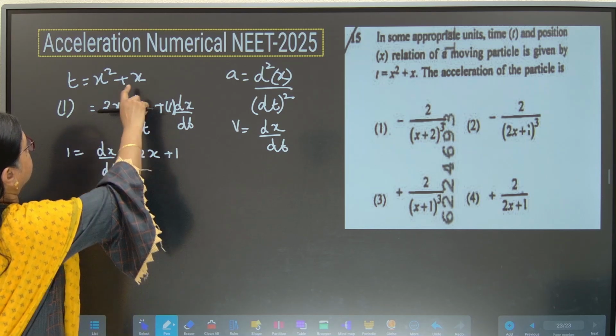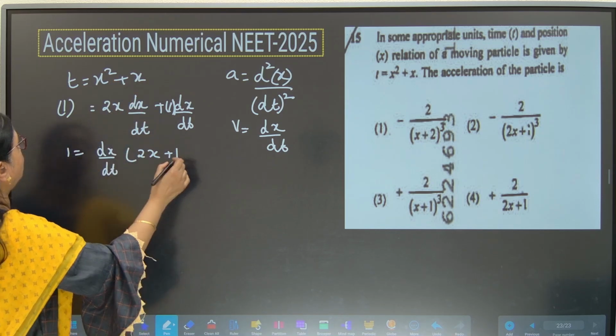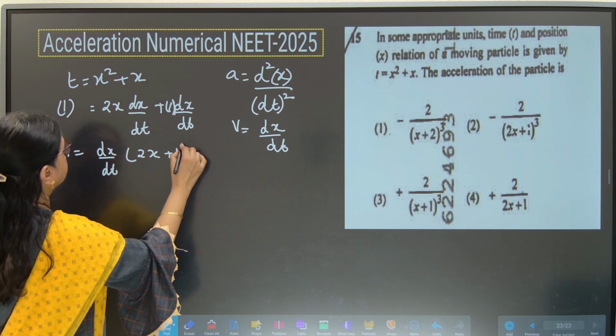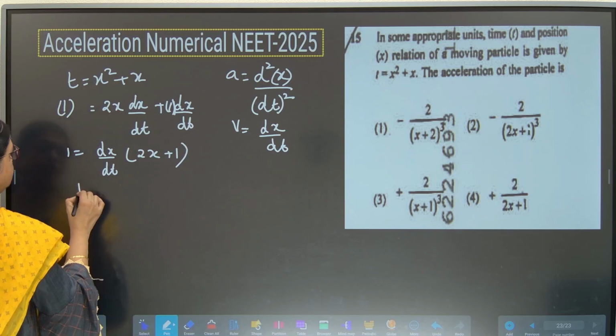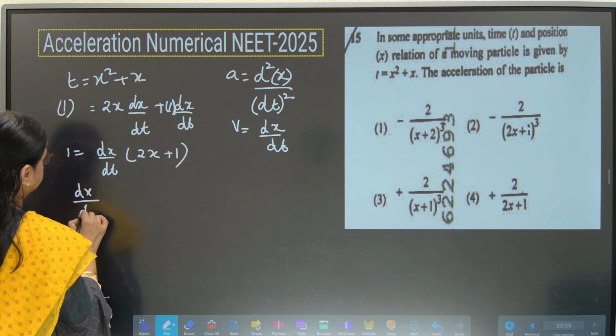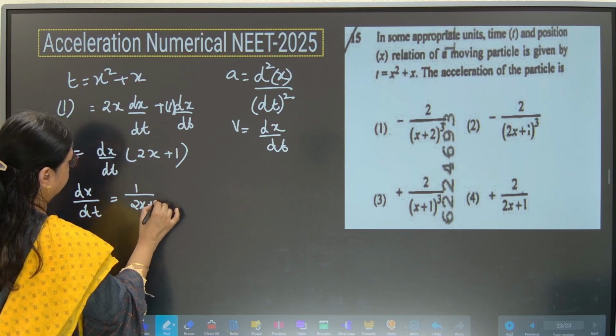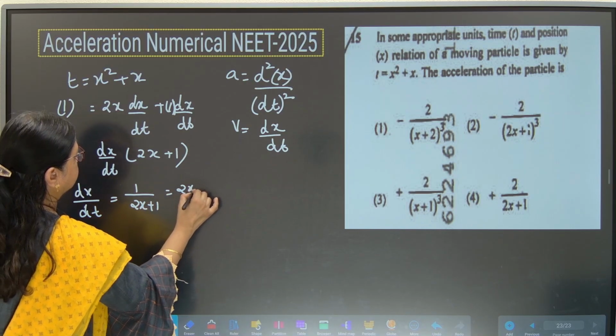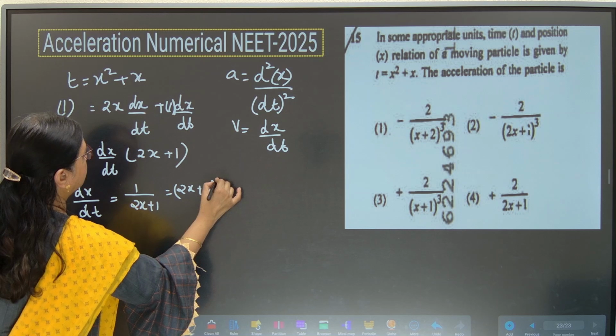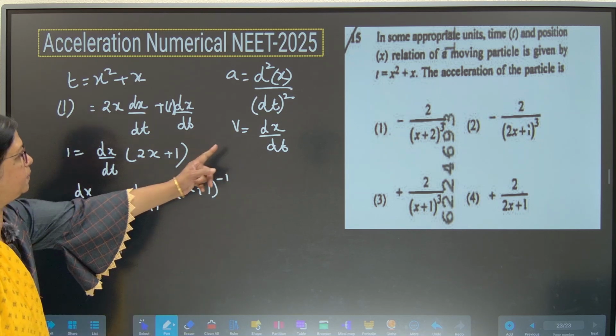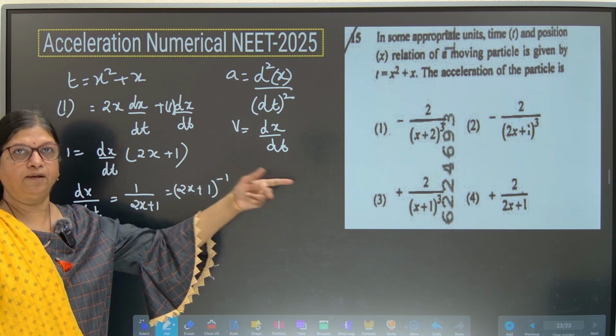If no power is written, it means the power is 1. So this is the equation I get. dx by dt is equal to 1 upon 2x plus 1, which is equal to 2x plus 1 whole raised to negative 1. So my dx by dt is ready, which is velocity.